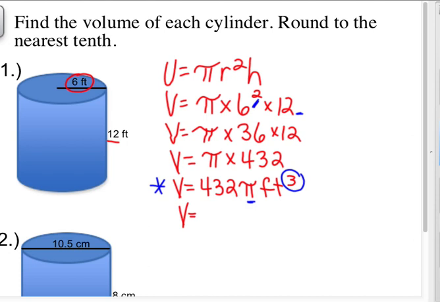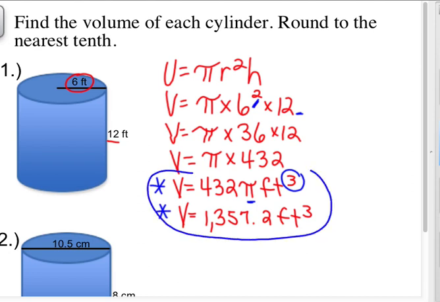So when you take 432 times the pi button and round it, you get an answer of 1,357.2 feet to the third power. So now this is our second way of writing our answer, and truth be told, I like both ways.